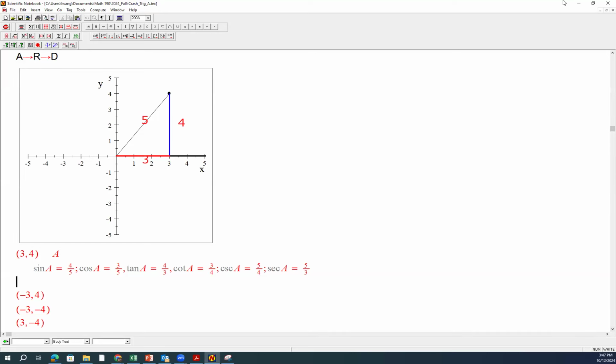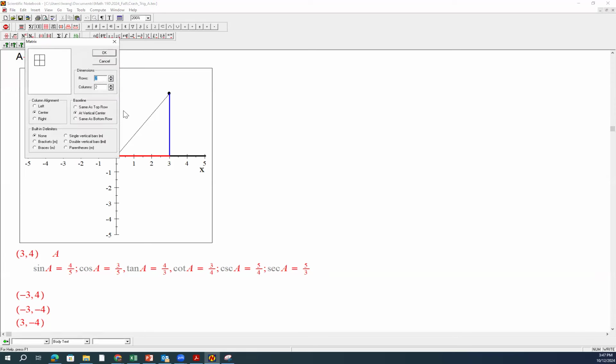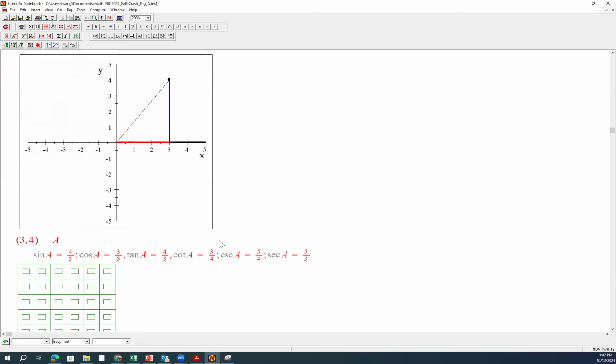So let's make the table. Clean this up. We should have six columns: 1, 2, 3, 4, 5, 6. We have 4 points, so make it 5 rows.